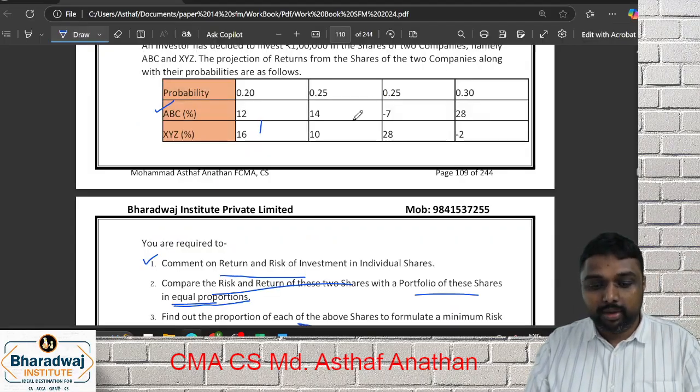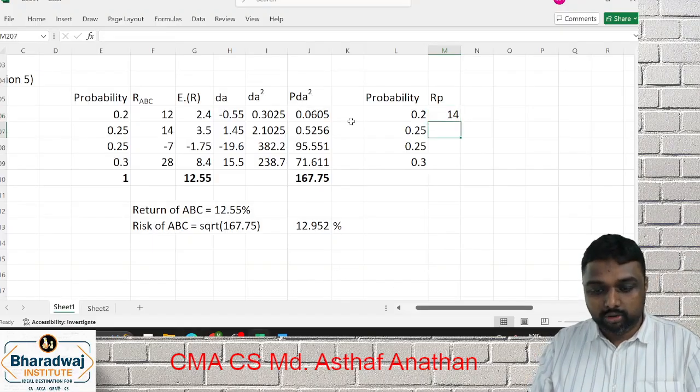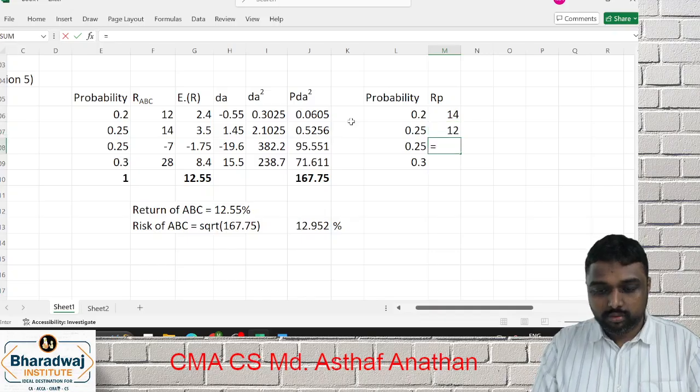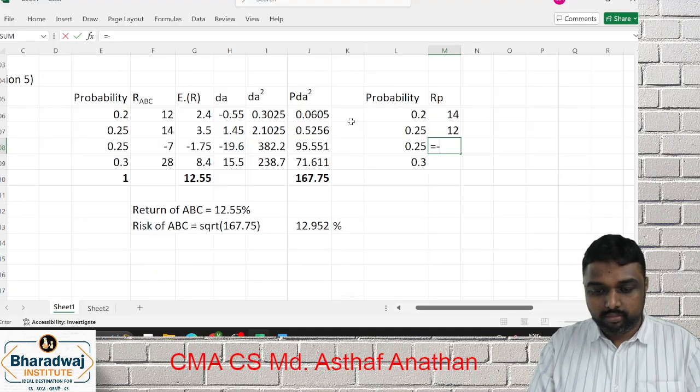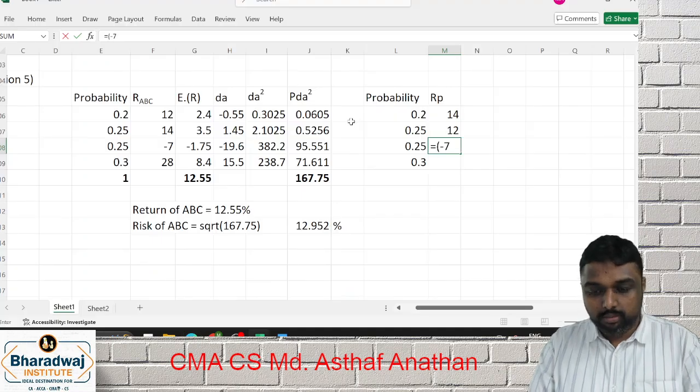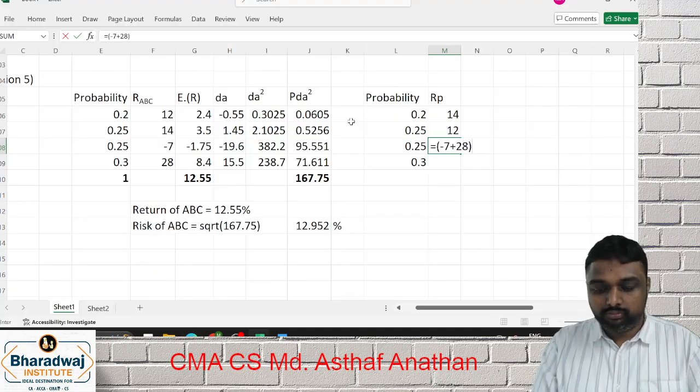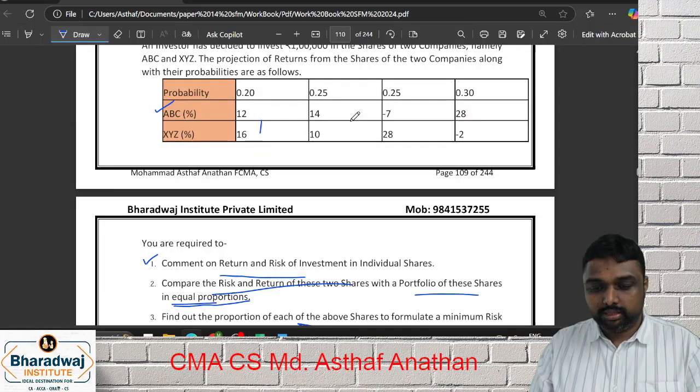Same way you can do for the remaining items. Next will come 12. Next will be minus 7 plus 28. Next, if I'm not wrong, 13. Correct?